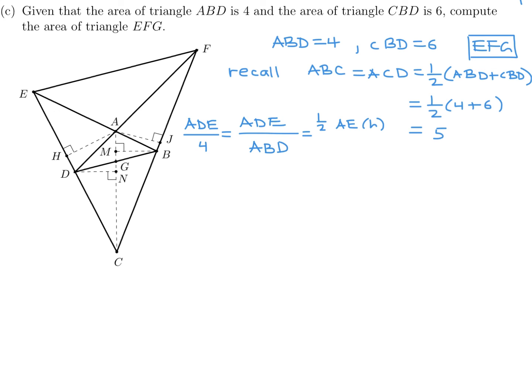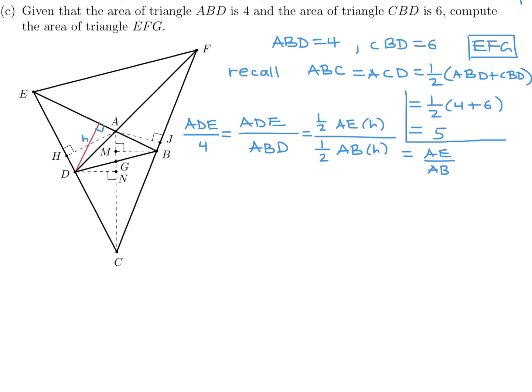So let me draw in that height. I'm going to use a height drawn to D. So for example, something like this. Where that red line is, that's the perpendicular height. ABD, use something similar, 1/2 base times height. For ABD, I will use AB as the base, and then it has the same height. You can use the same height, interestingly. And therefore, this just breaks down into just AE over AB.